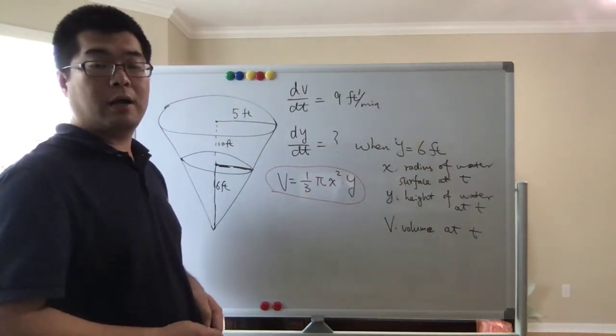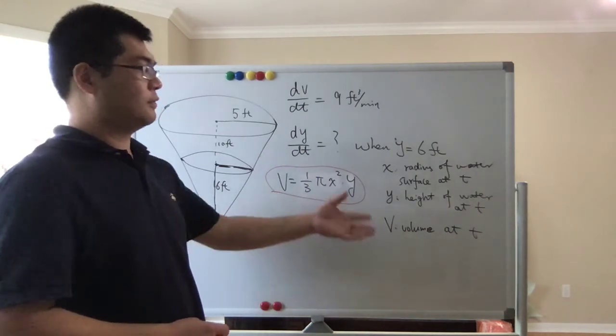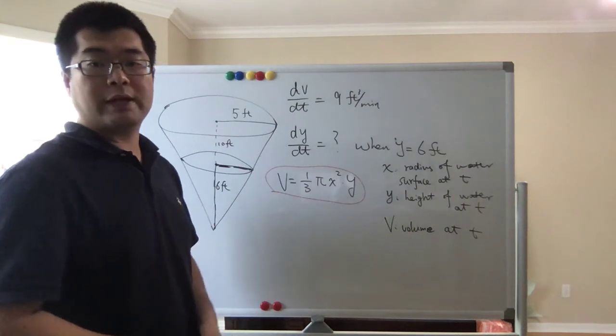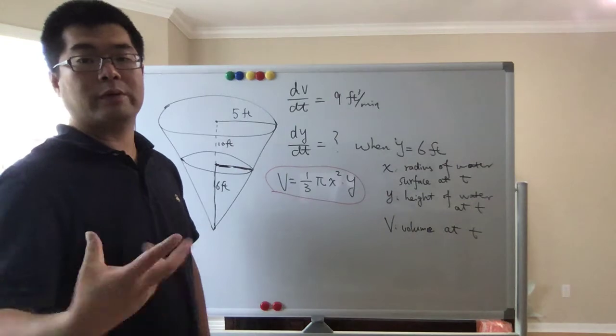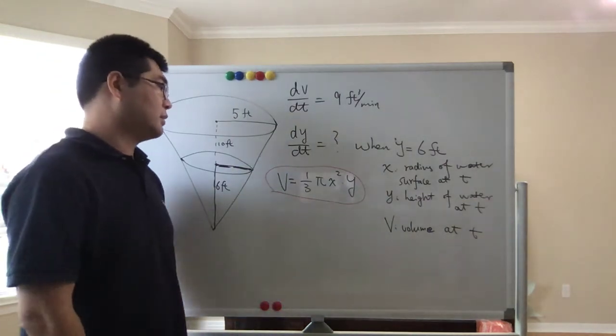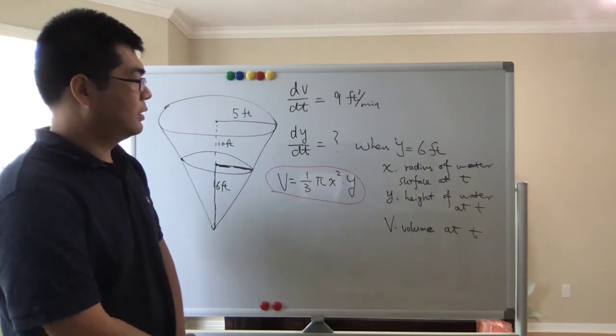V stands for the volume of water at time t, x stands for the radius of the water surface at time t, and y stands for the height of the water at time t.